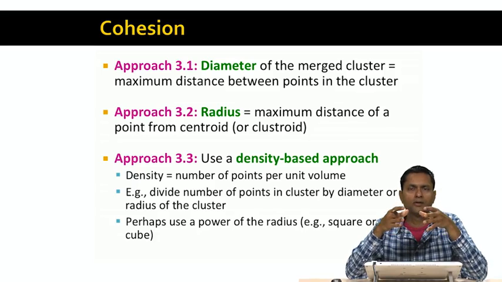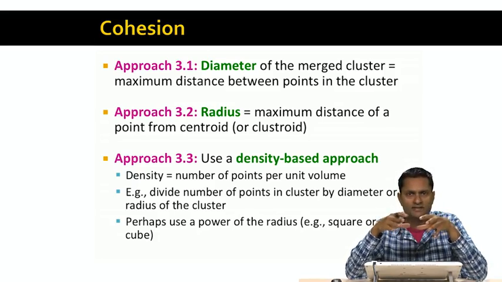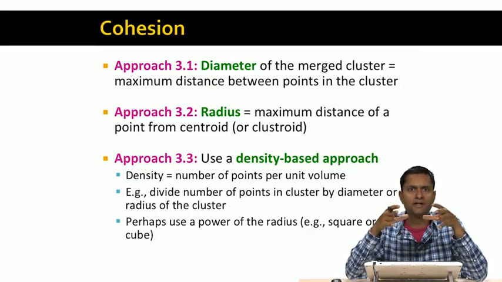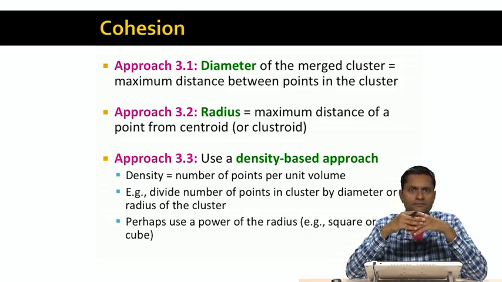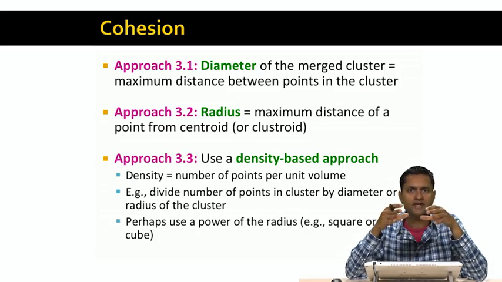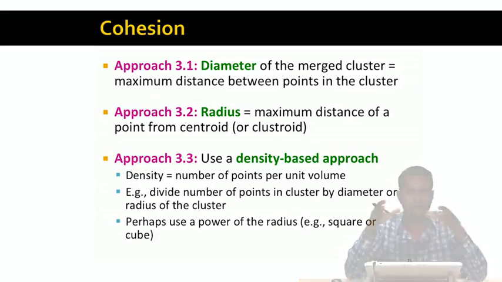And at a point where the next merge would create a cluster with a density lower than a certain preset threshold, we'd stop merging and produce a final output. Notice that in each case, we set a predefined threshold either for diameter, radius, or density, and stop when the next merge would violate that threshold.